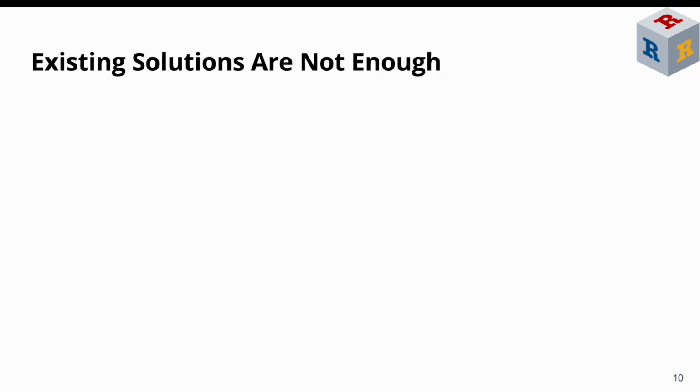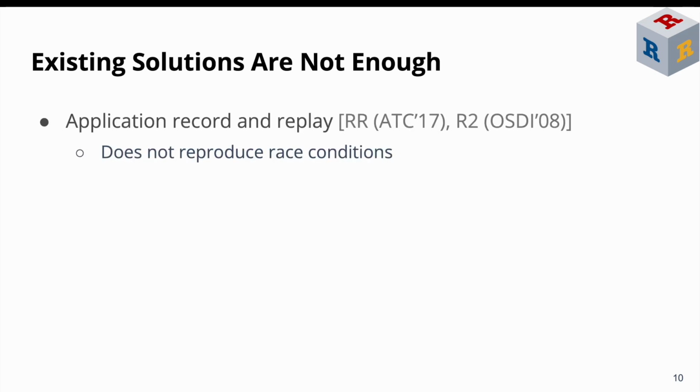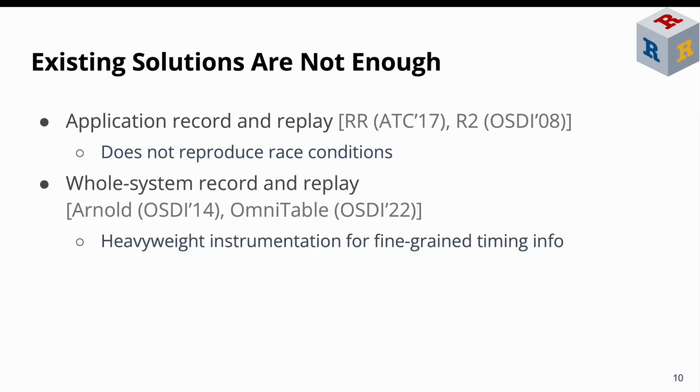There has been over 20 years of research on record and replay in computer systems. Unfortunately, existing tools are impractical for distributed applications. Application-level record and replay usually only support single-threaded execution and do not replay race conditions.